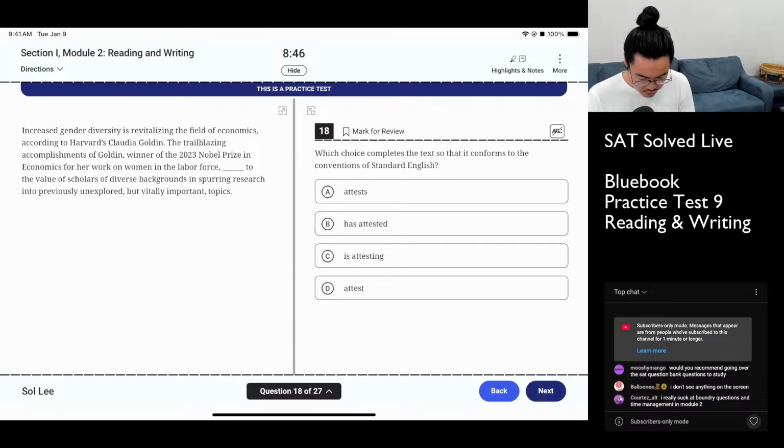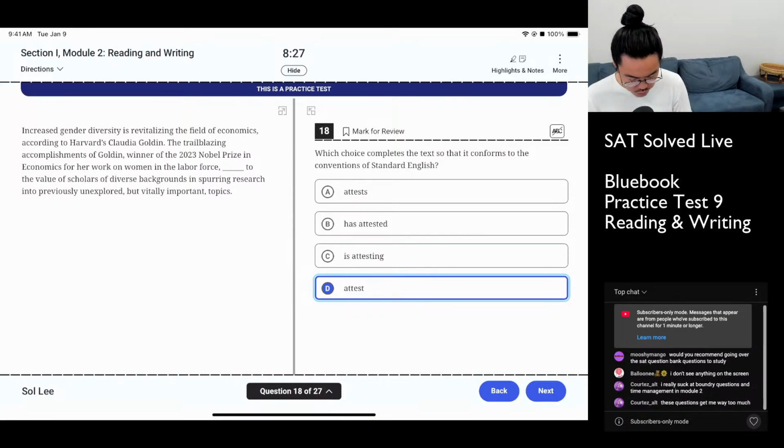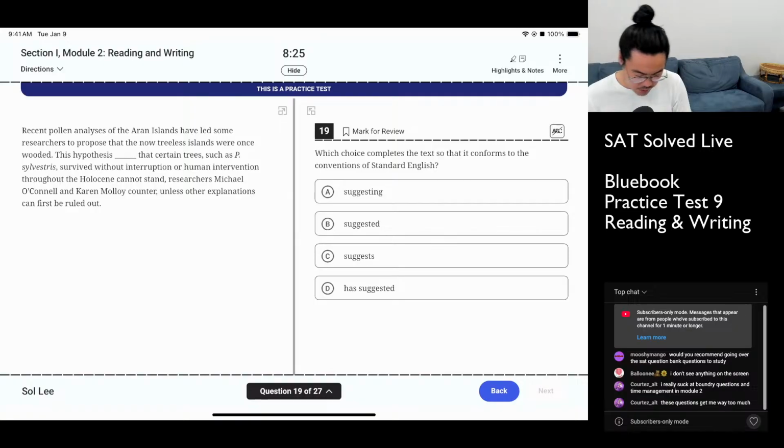Okay, increased diversity is revitalizing economics. Cool. The trailblazing accomplishments of Golden attest, plural, sorry. Accomplishments, plural, attest to the value of scholars. Okay. Recent pollen analyses have led researchers to propose that the now treeless islands were once wooded.